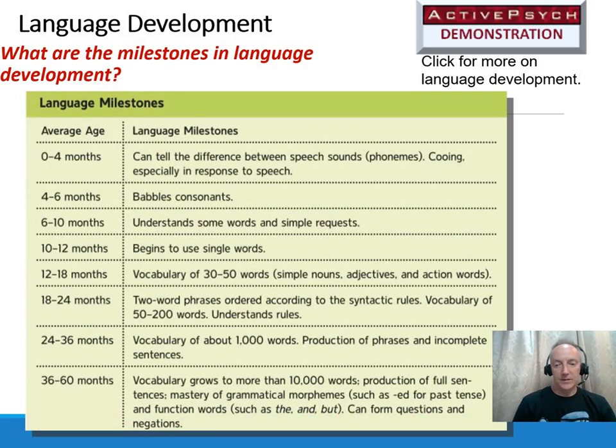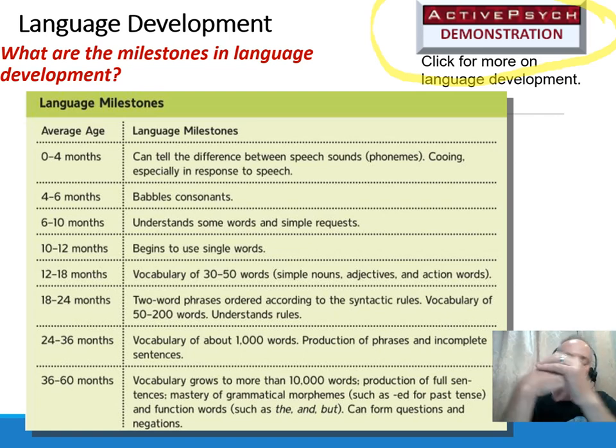All right. So you have a little active psych demonstration here about language development. I would encourage you to pause me and go through that. But language development is something we're going to address in even more detail in our development chapter.